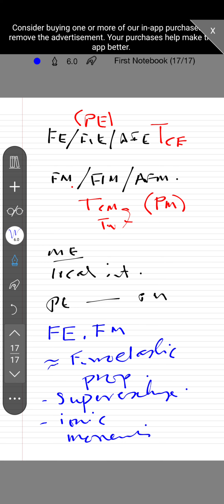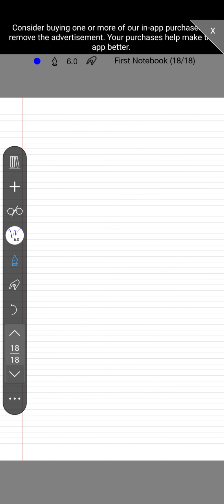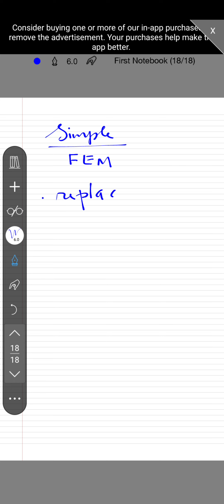Now, how can we synthesize a single phase ferroelectric material? The simple procedure of forming an FEM material is to replace any diamagnetic ion by paramagnets.